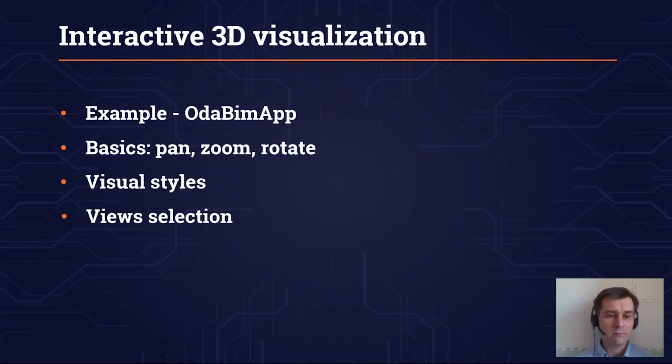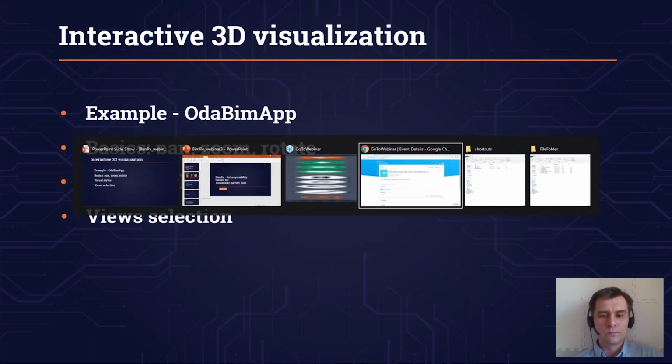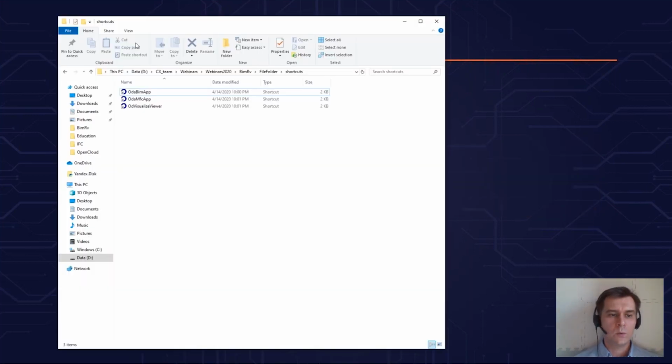What else? We have another feature that makes it possible: interactive visualization, and it's very easy to try it. We have an example, ODA BIM APP, that has all the basic operations implemented, and now we will run it.